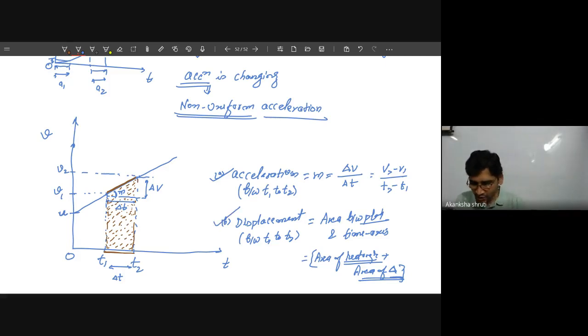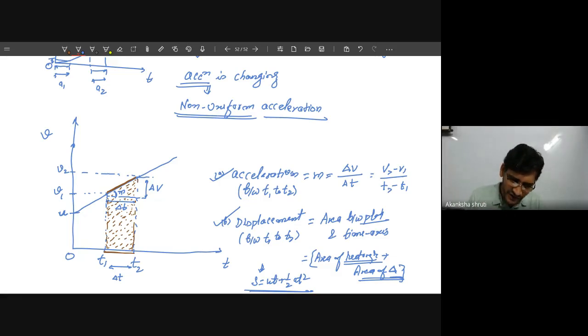Applying this concept, we can derive the formula S equals ut plus half at square. This is called a kinematic equation. This we are going to learn today. Whatever I have revised is to help you easily understand how to derive S equals ut plus half at square.